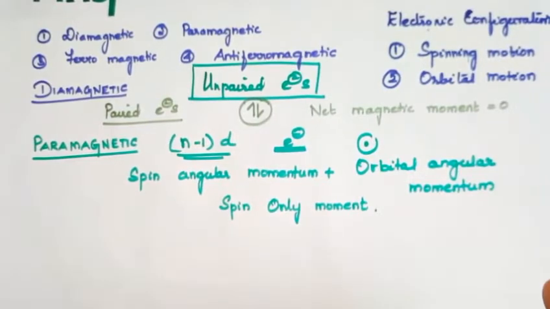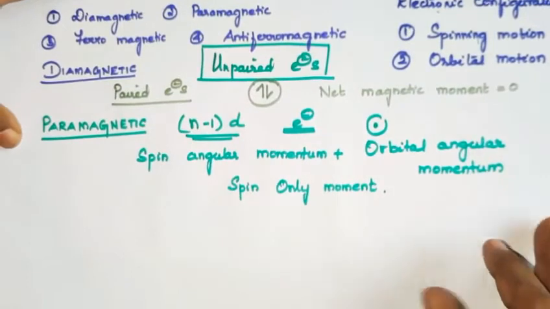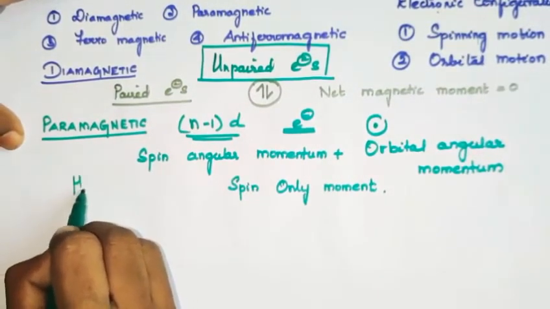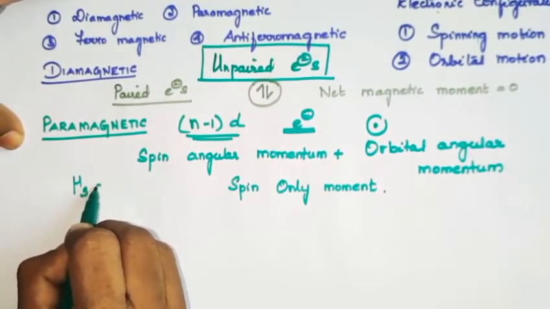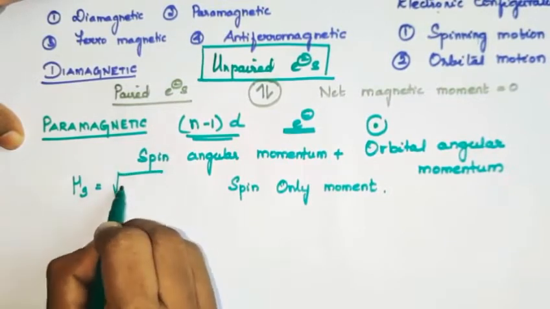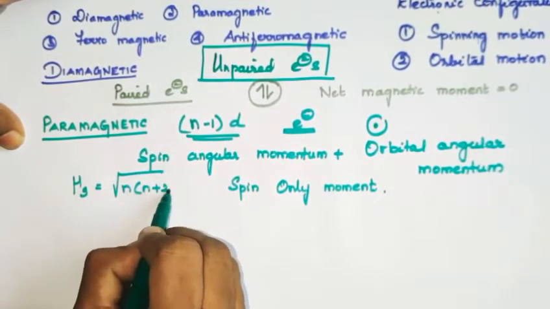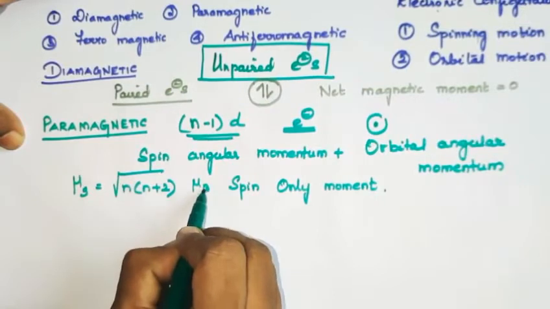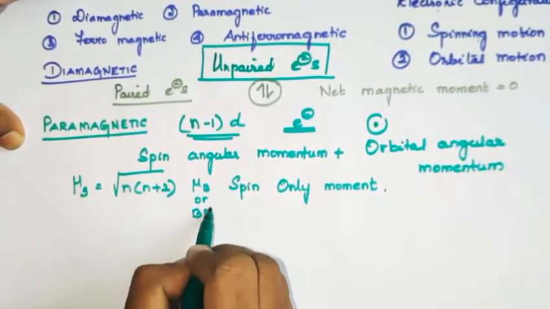The spin only magnetic moment is given by one of the formulas: mu s is equal to square root of n into n plus 2 mu B, where mu B is called the Bohr magneton.